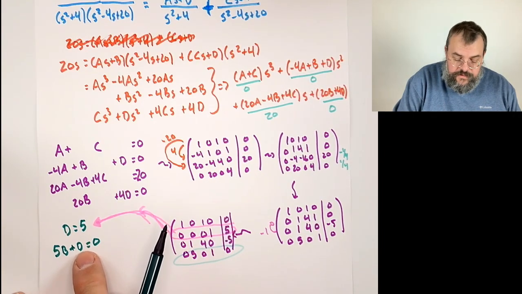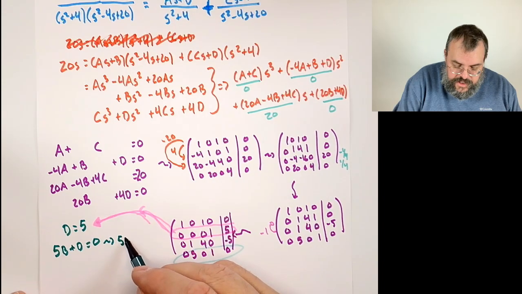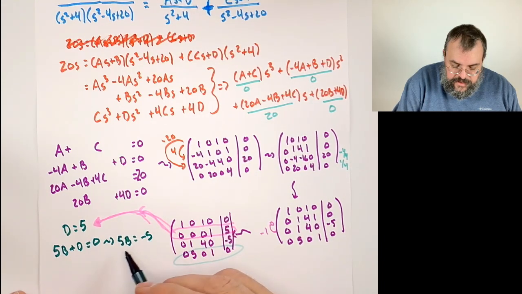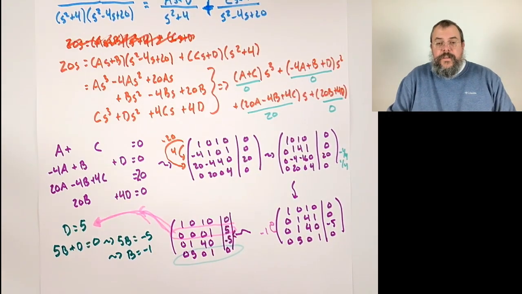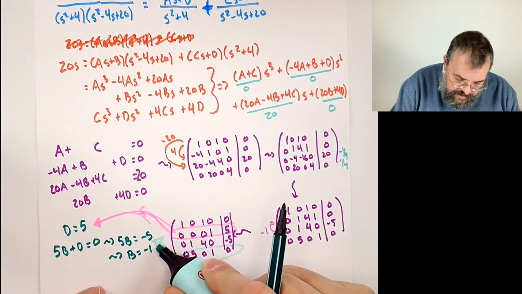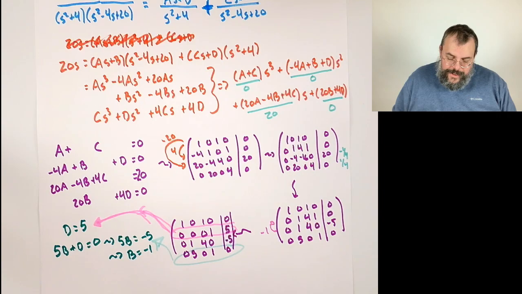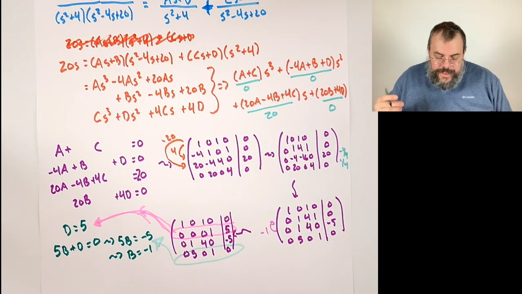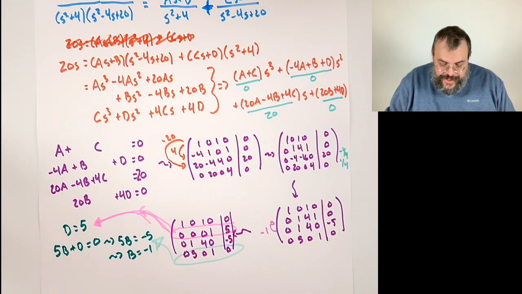But we know that d equals 5. So this says that 5b is negative 5, which says b is negative 1. So we say, aha, that was our next piece to use. And now, hey, look at us. Now we know b and we know d. Where are we going to go next?